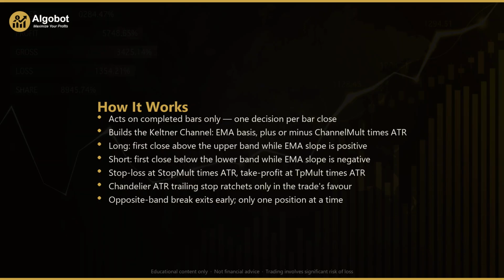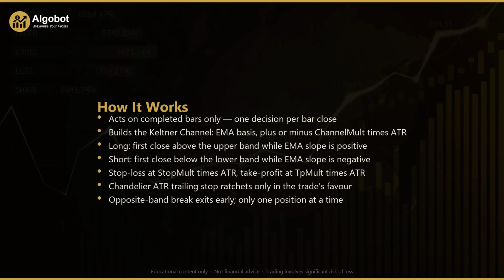Every position is protected from the moment it opens. The stop loss is placed at the stop multiplier times ATR away from entry, by default 2 ATRs, and the take profit sits at the take profit multiple, 3 ATRs, in the favorable direction. Because both are measured in ATR, the protective distances automatically adapt to volatility. As the trade develops, a chandelier-style trailing stop comes into play. It follows price at the trail multiple times ATR, but it only ever moves in the trade's favor.